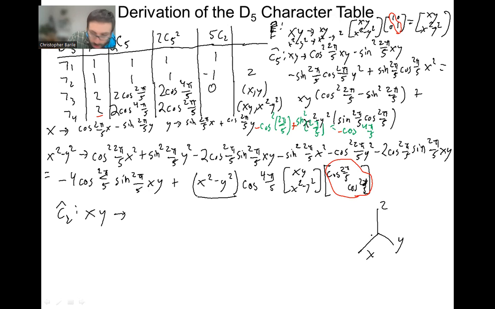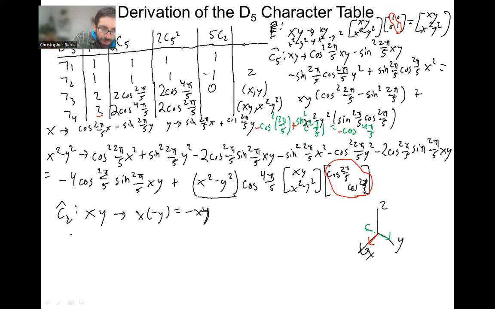We defined one of our C2s, so our x vector is like this, let's say, and our y vector is in green. And we defined one of our perpendicular C2s as going along the x. So x went to x and y went to negative y, which equals negative xy.